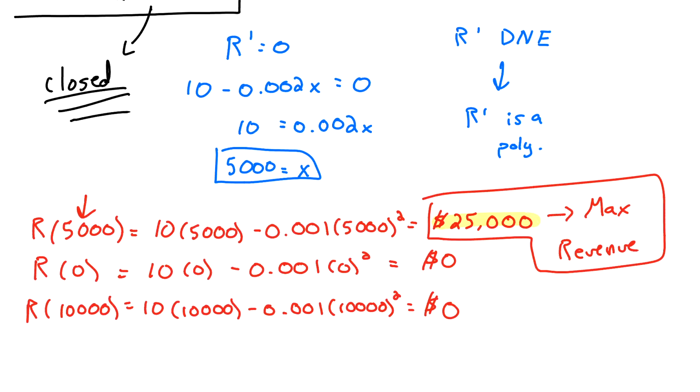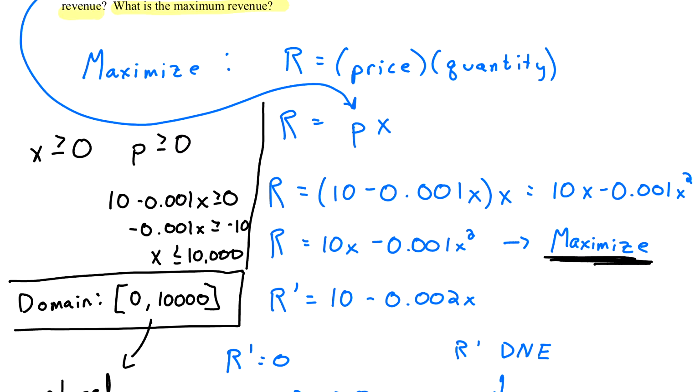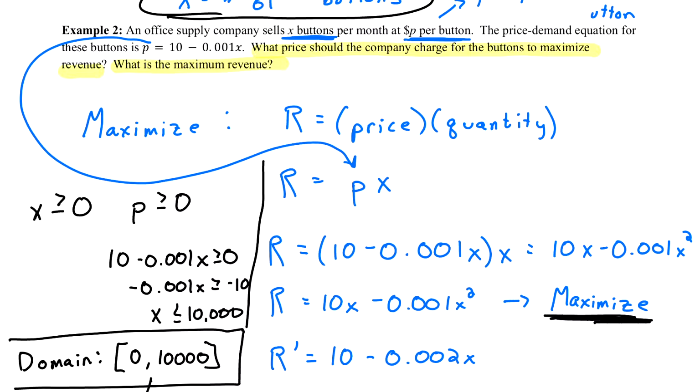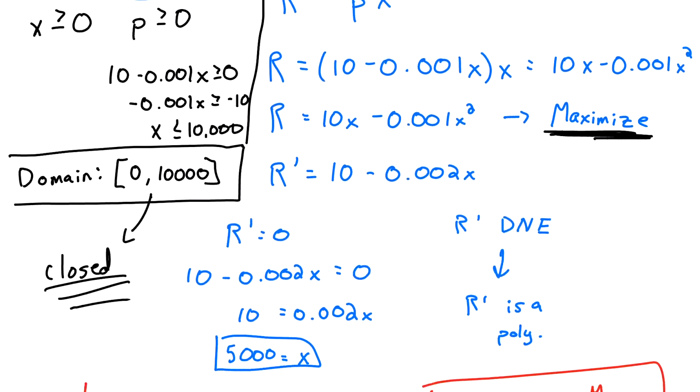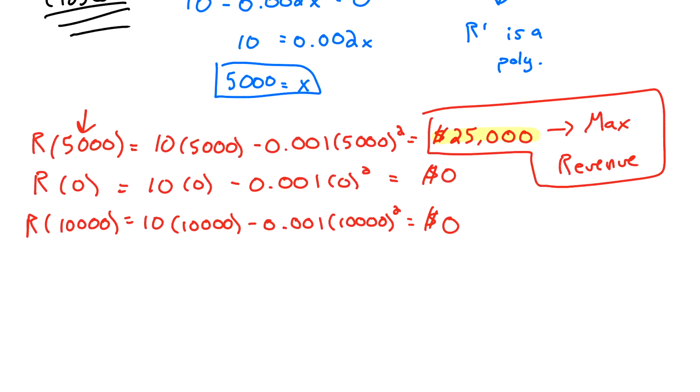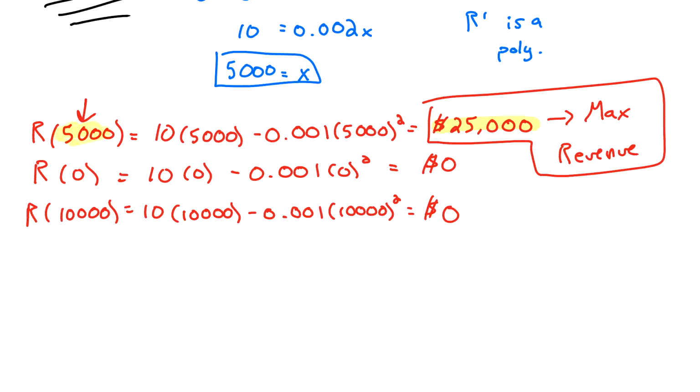We are still missing one other piece, though. The question also asked, what price should the company charge in order to maximize the revenue? For that, I'm going to look for where we are using the price variable p. We said right here, p equals 10 minus 0.001x. I'm going to take the x value that gave us our maximum revenue, x equals 5,000, and plug that into our price demand equation.